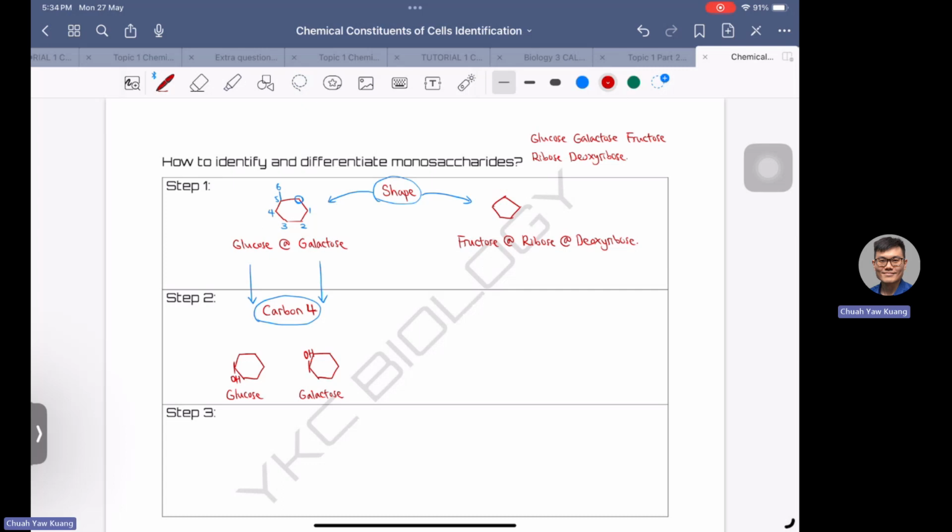After differentiating glucose and galactose, going into step number 3, we can differentiate alpha or beta glucose, and alpha or beta galactose. To find out whether this is alpha or beta, we will look at carbon number 1.